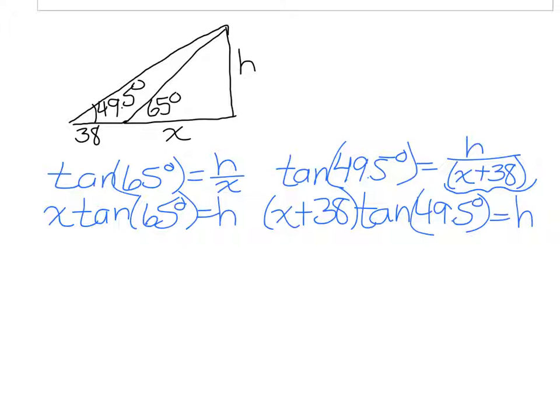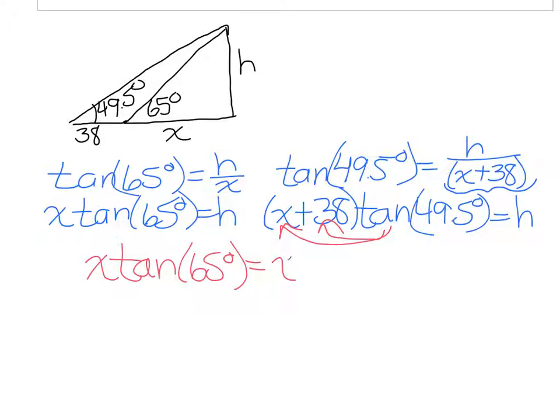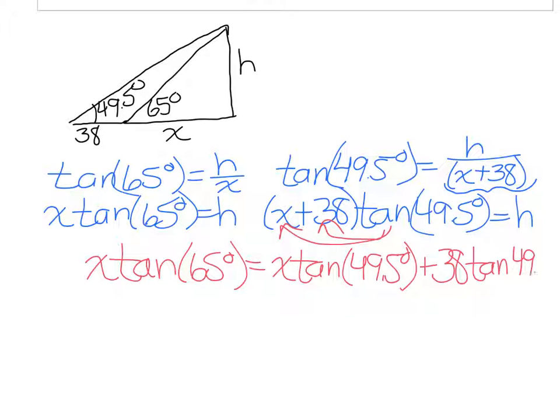So now we're going to set them equal to each other. x tangent 65 degrees equals, and I'm going to go ahead and distribute this right now just so I don't have to write it twice, x times the tangent of 49.5 degrees plus 38 tangent of 49.5 degrees.